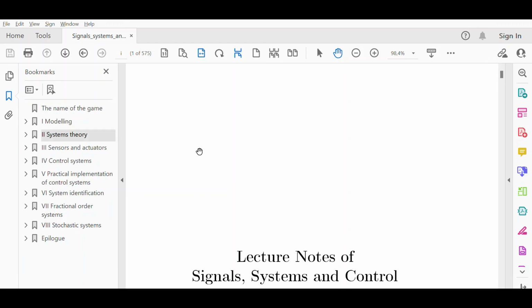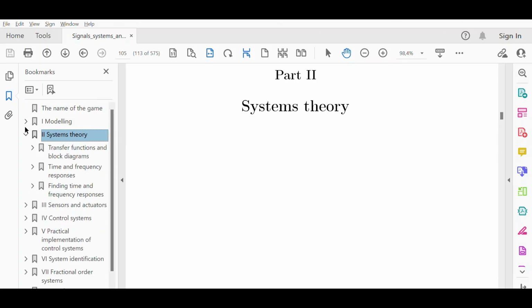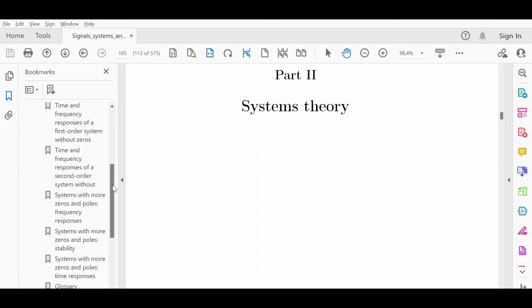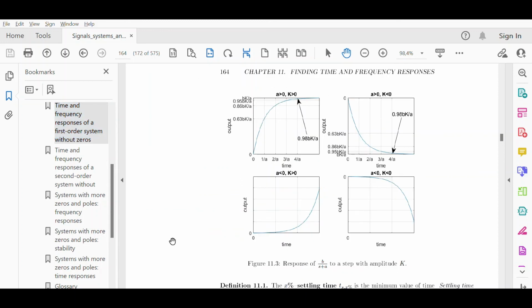Let me stress that it is very important to know systems theory to learn about system identification. This is because much of what you have to do to identify a model for a system is to reason backwards. When you learned about systems theory, you learned to see how, given a certain model of a system, this system behaves.